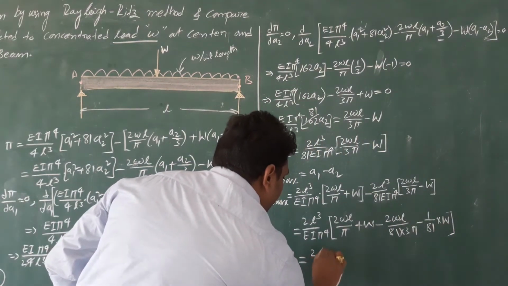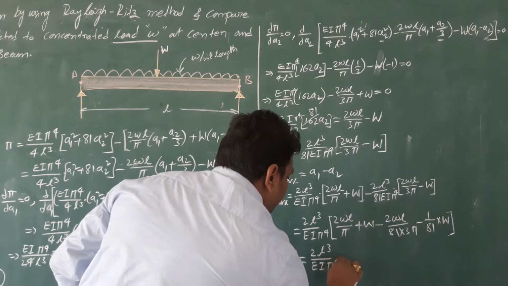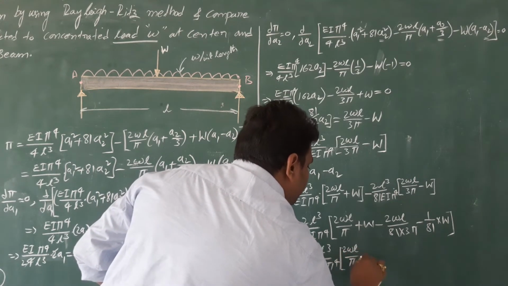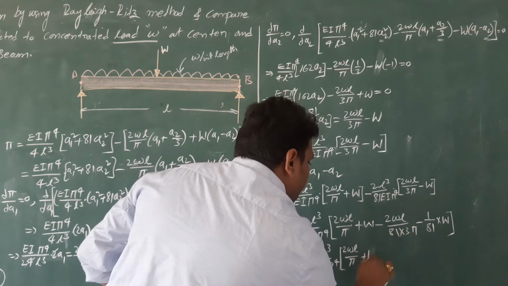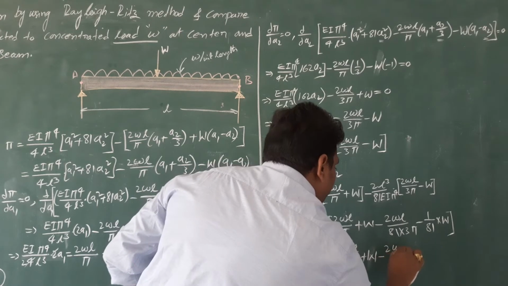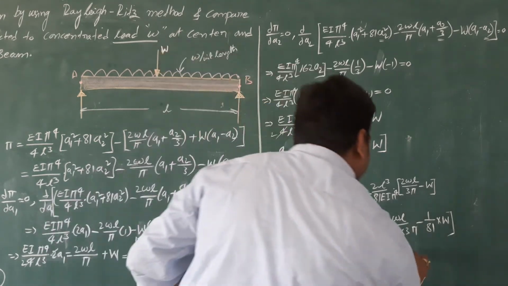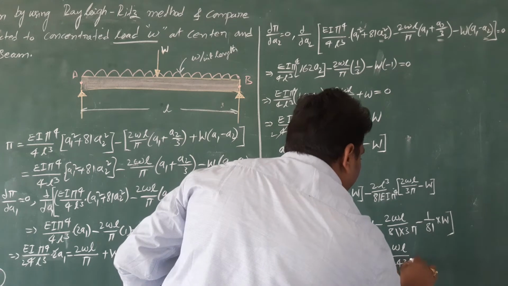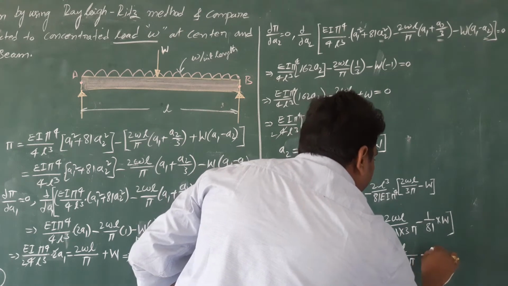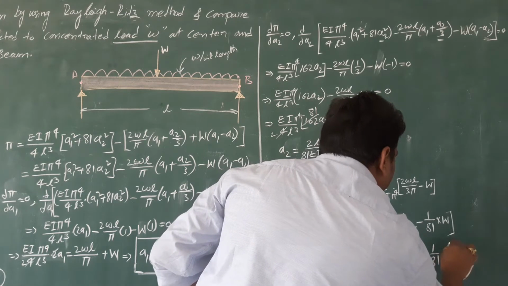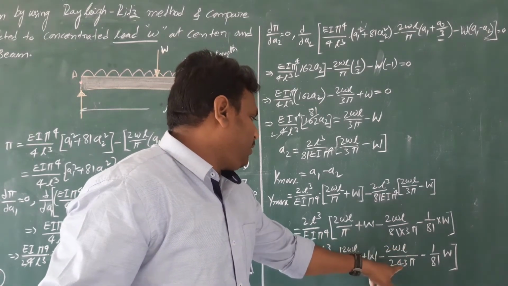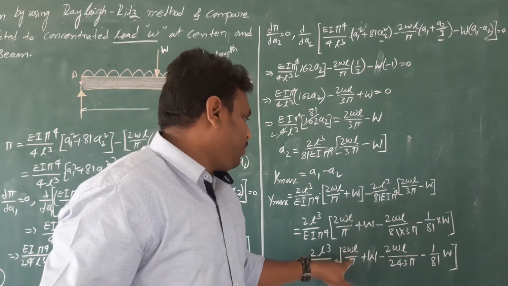So simplify this. 2L cube by EI pi power 4 into 2WL by pi plus capital W, minus 2WL by 243 pi minus 1 by 81 capital W. Finally, we got these values. 2WL by pi, 2WL by pi here also, here also 2WL by pi.